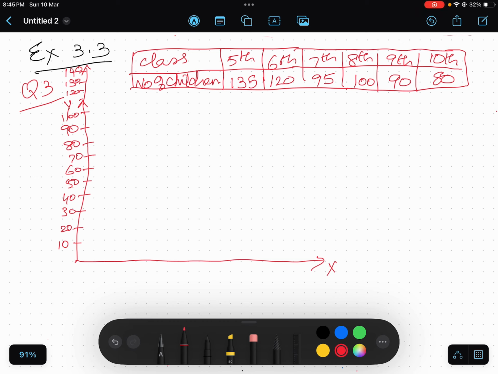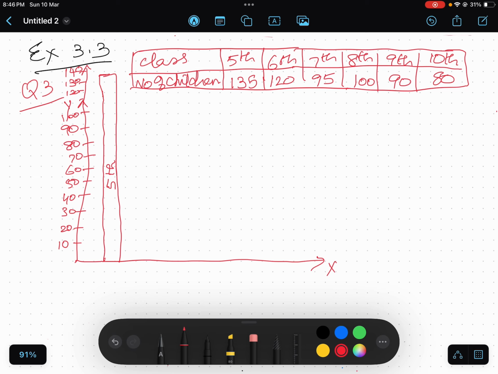So now for 5th, 135. So 135 will be somewhere here. First draw the horizontal line and then draw the vertical lines. My vertical lines will be really zigzag. When you are using the graph paper, you can draw it beautifully. And then the 6th one. So this is the 5th grade, you can write it inside.